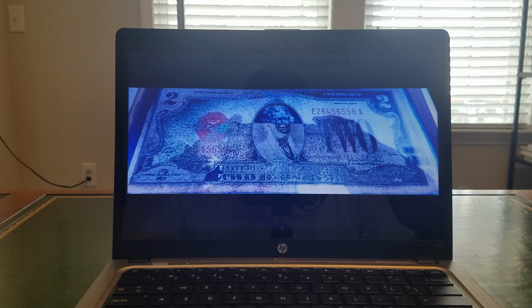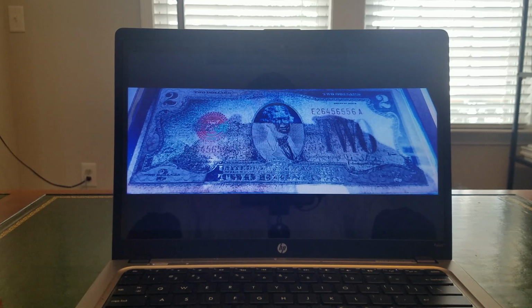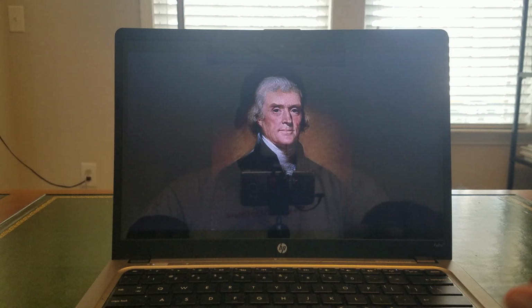All right, so just by looking at the note, you can see that it has an image of Thomas Jefferson. Thomas Jefferson was born on April 13th, 1743, and died July 4th, 1826. He was a very accomplished individual: an American statesman, a diplomat, lawyer, architect, philosopher, and also a founding father.